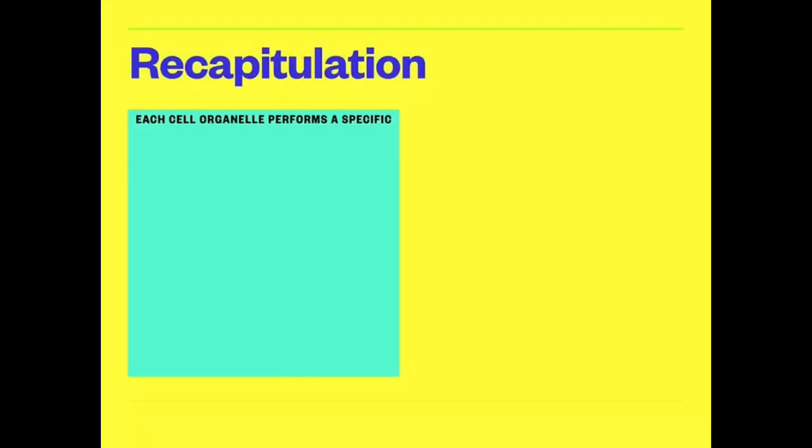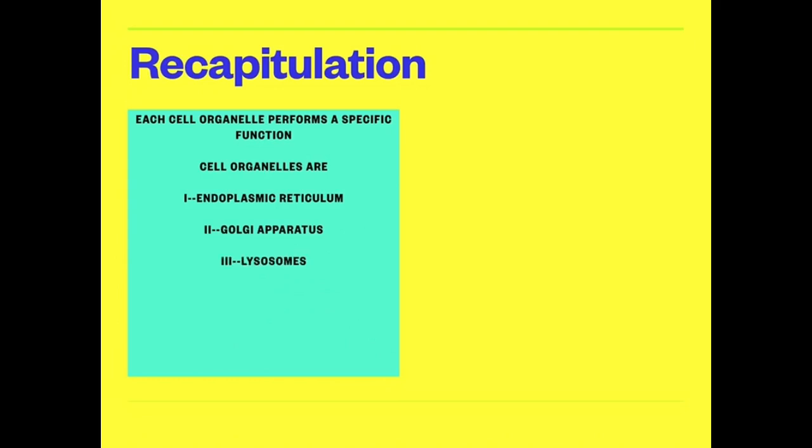Let us recap the chapter. We have studied the specific functions of the cell organelles. The endoplasmic reticulum is responsible for protein synthesis and lipid synthesis. The Golgi apparatus is for storage, modification and packaging.